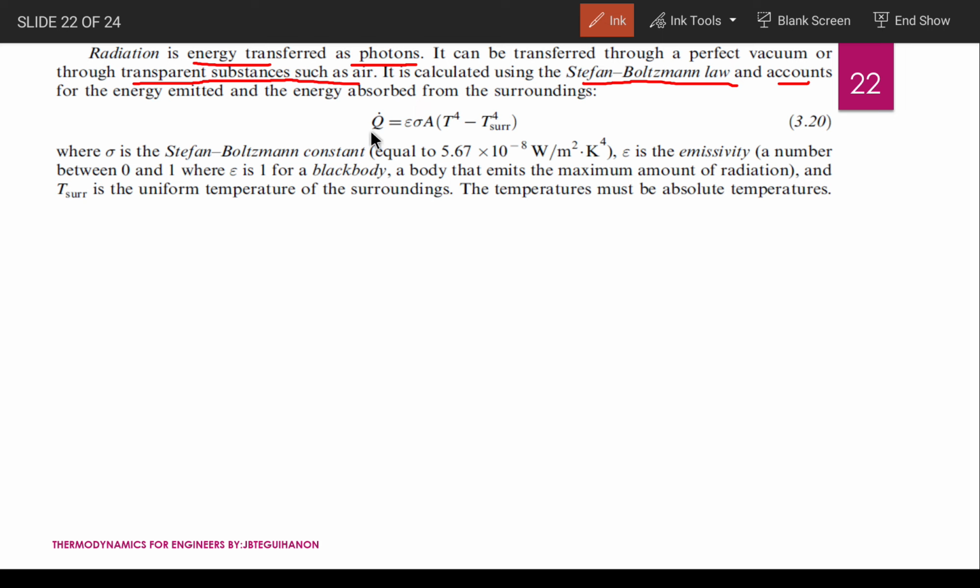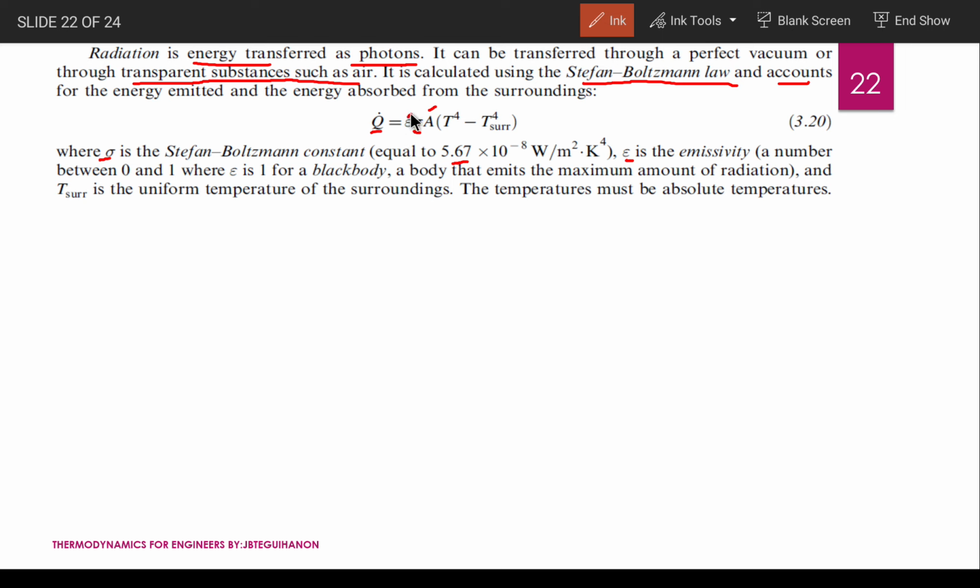Ito naman yung kanyang formula. Q is equal to Stefan-Boltzmann constant, ito yung value, ito yung symbol. Area, same, area pa rin yan. At meron siyang emissivity, from 0 to 1 lang ito.